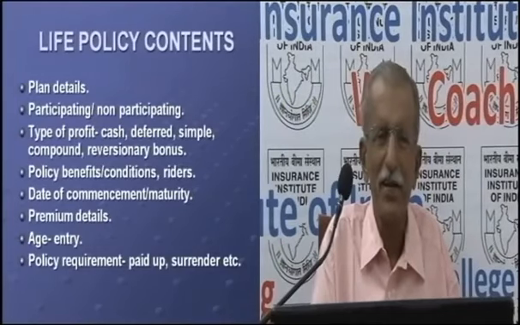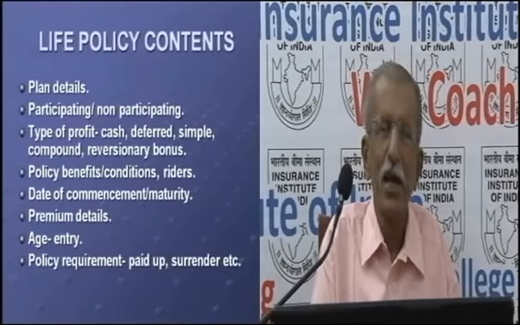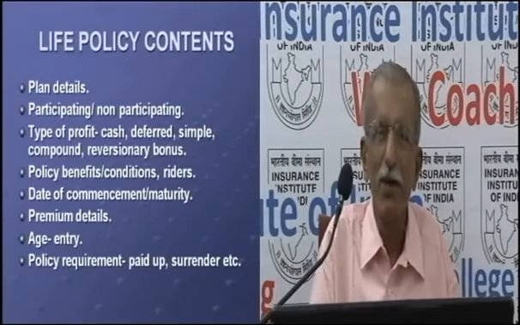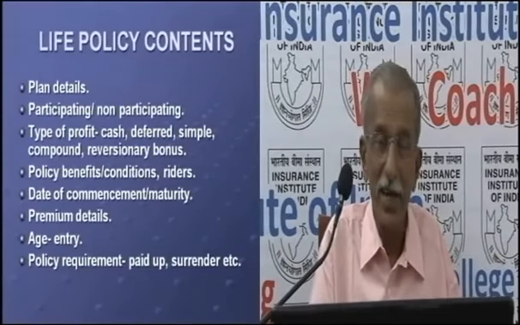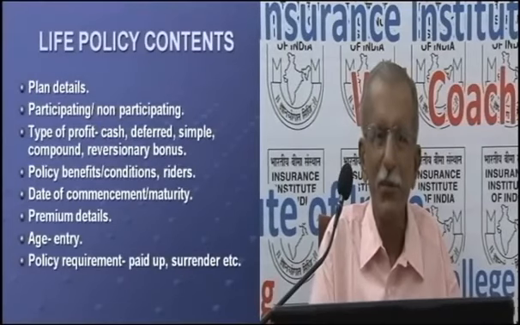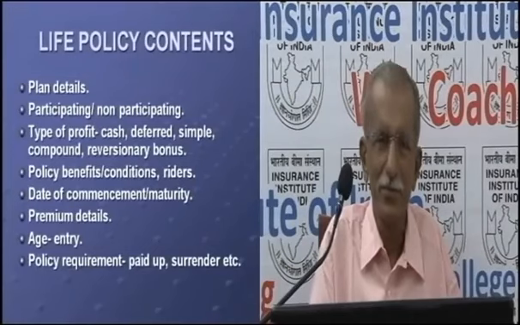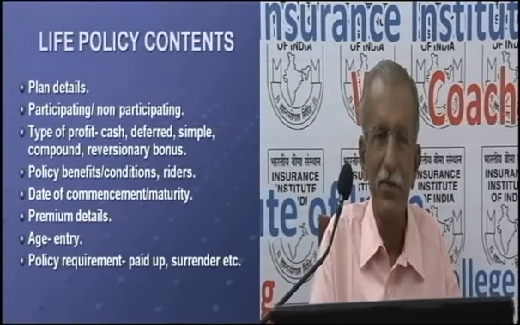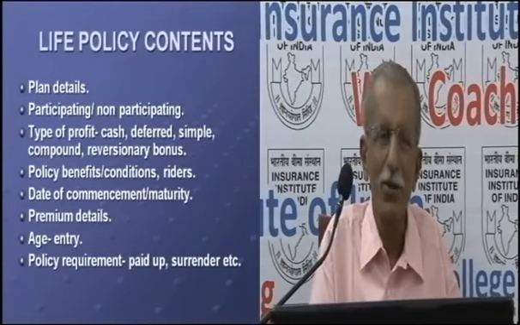If profit is to be paid by way of bonus, what type of bonus will be paid? Whether immediately, or at the end of the policy period, or simple, or along with interest, or in the form of reversionary bonus.